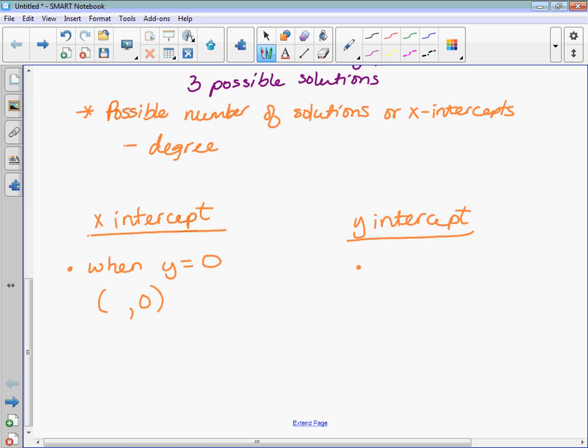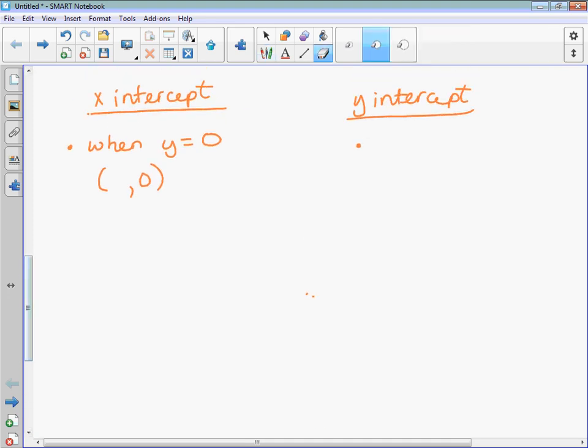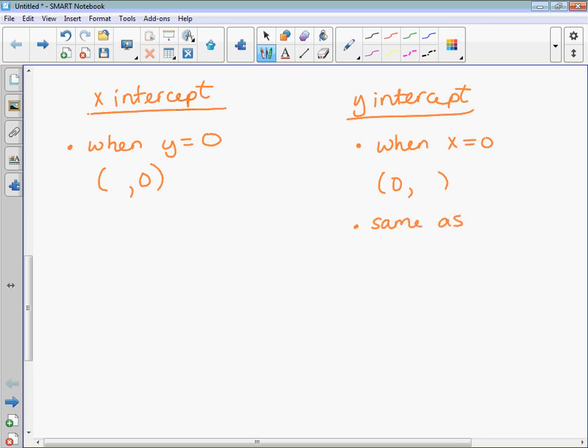What about your y-intercept? If we're on the y-axis, what is happening? x is 0. So this happens when x equals 0. So it's going to be 0 comma something. It's always the same as the constant.